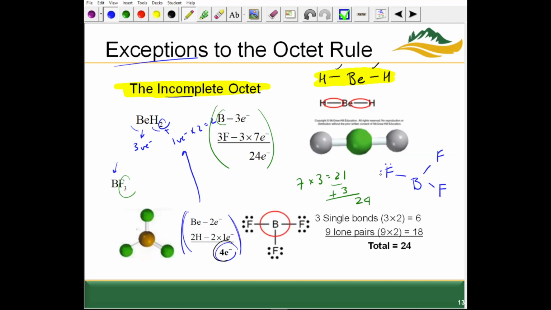Because fluorines are coming in with 7 valence electrons already, they only need to bond with 1 other atom to then have a happy octet. Those 7 valence electrons on fluorine, just to picture them more easily, it's this one that it's sharing with boron, then 2, 3, 4, 5, 6, 7.